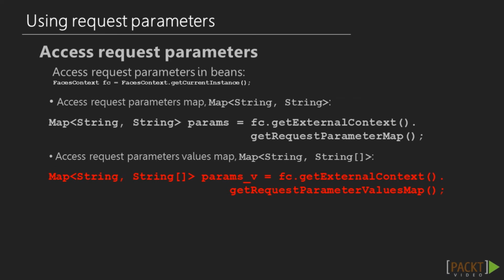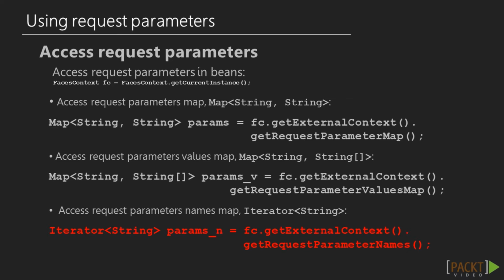Next, we have the getRequestParameterValuesMap method, which returns an immutable map whose keys are the set of request parameter names included in the current request, and whose values are all of the values for each parameter name returned by the underlying request.